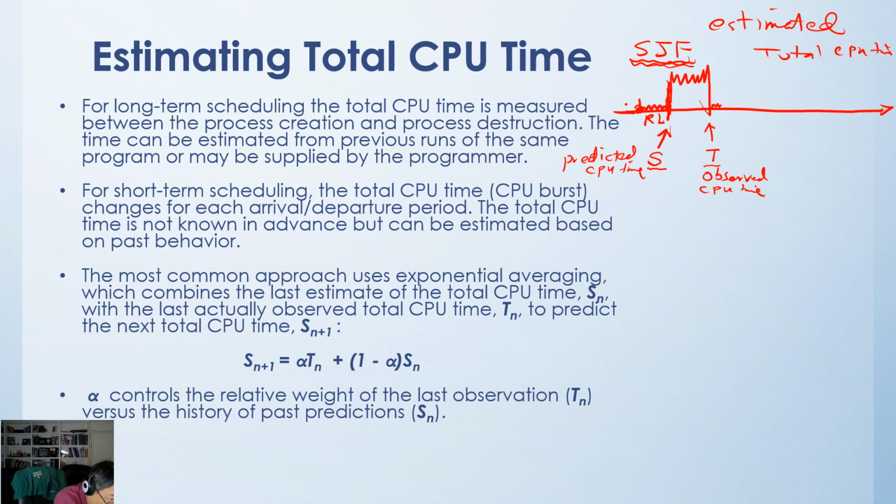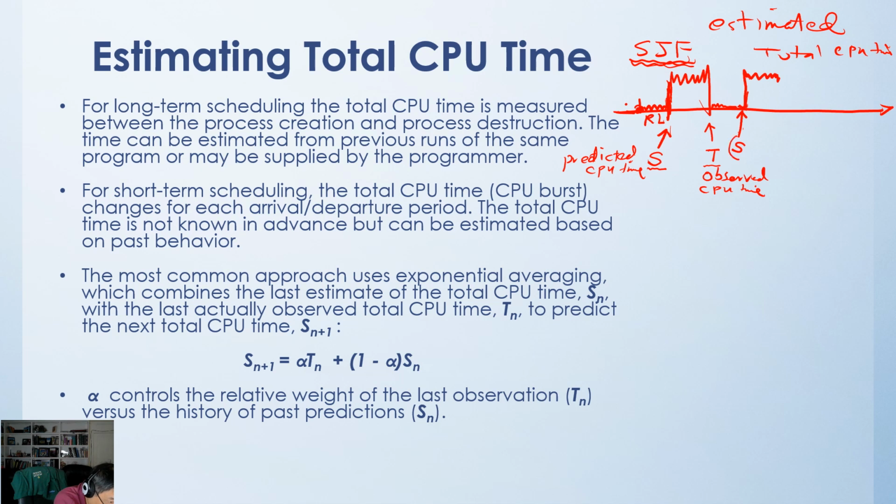Then the process is either in the ready list or in the blocked state, and suddenly it's back again in the ready list and selected for execution. This time, before the process fights for the CPU, you're going to use another estimated CPU time, the predicted CPU time again.